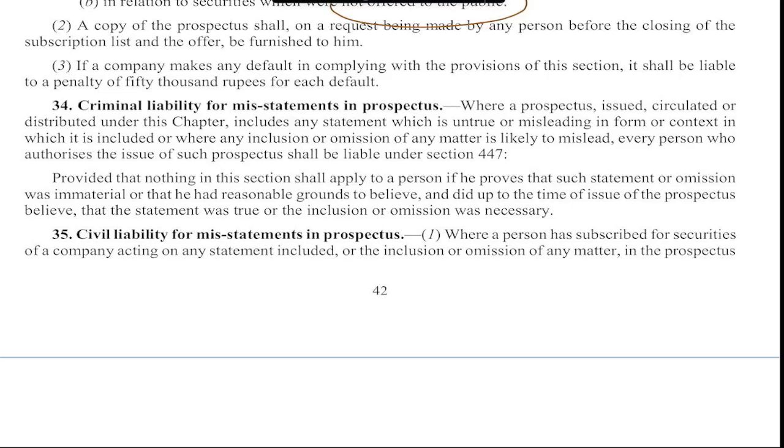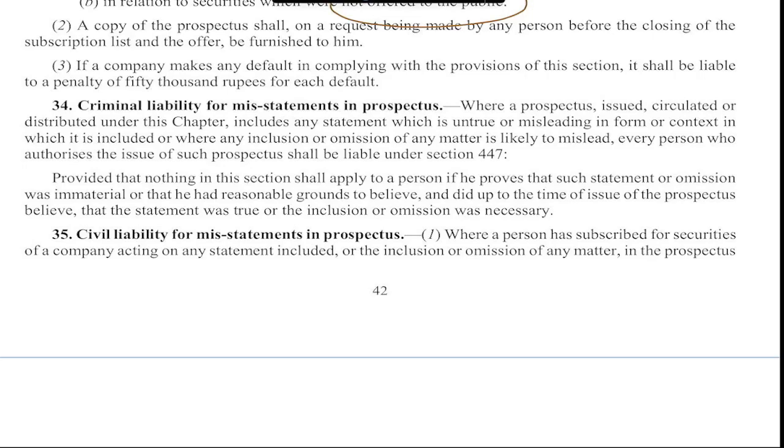If you write false statements in the prospectus, or if you omit true statements in the prospectus, what will happen is the question here.